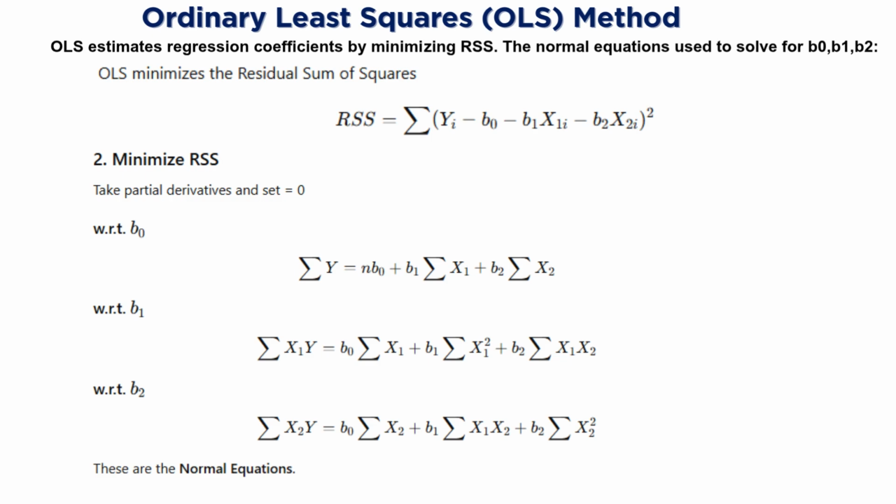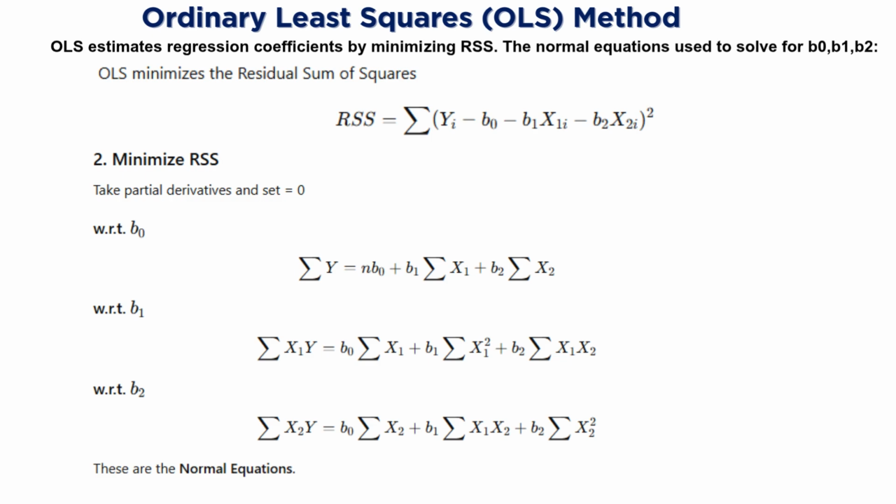If we take partial derivatives and set them equal to 0, we get the first order conditions. For beta naught we can write: summation of y is equal to n beta naught plus beta 1 summation of x1 plus beta 2 summation of x2.